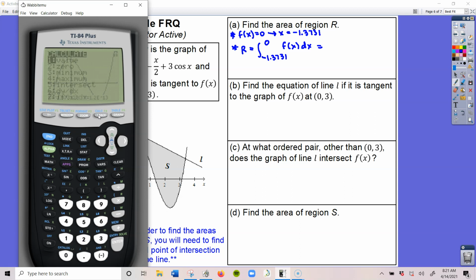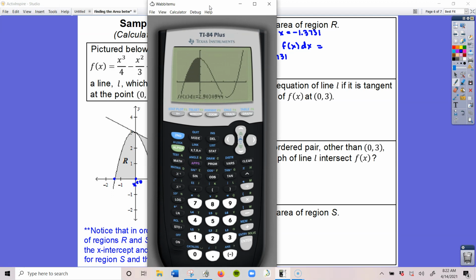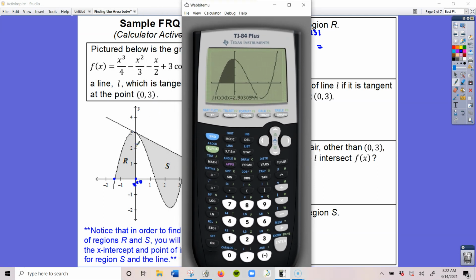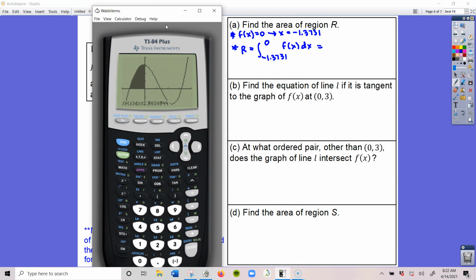I go to the second calc menu, option 7 for integral. My lower limit is -1.3731 and my upper limit is 0. And you see how the area that's shaded, you can always verify with the graph here, is the same area for R. So that's my answer, 2.9030.